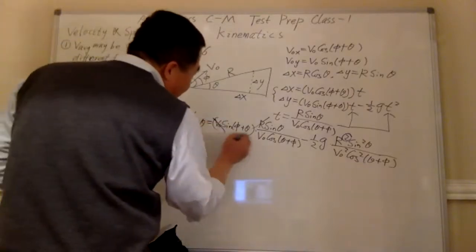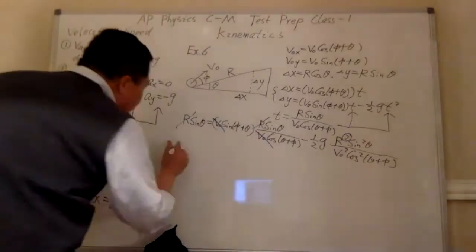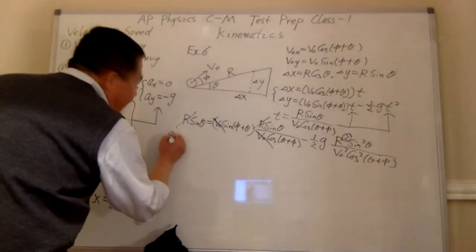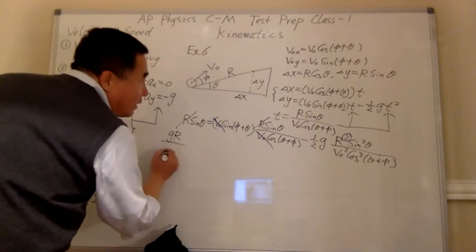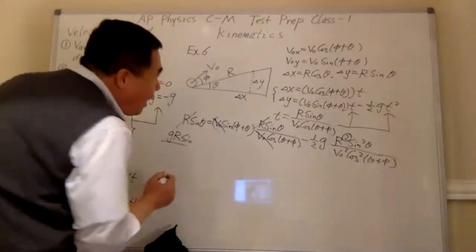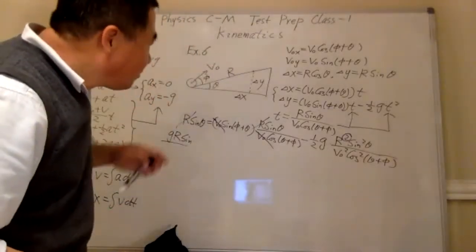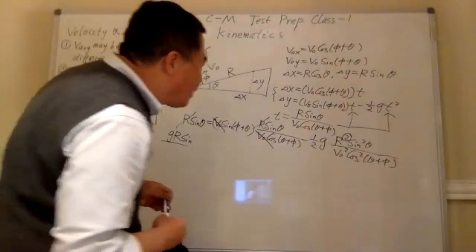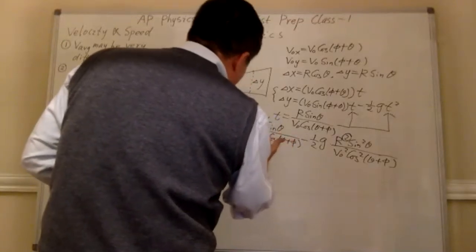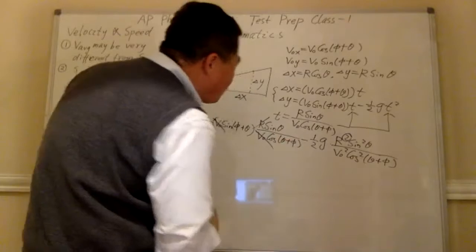I also cancel out V naught. Then I put half g, so I put g r, then sine theta.